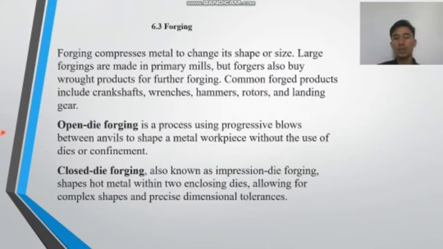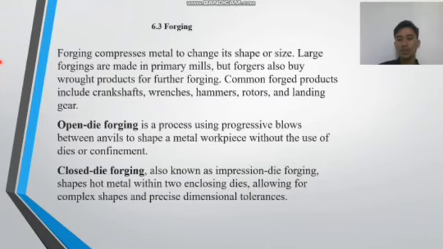Next, 6.3 Forging. Forging compresses metal to change its shape or size. Large forgings are made in primary mills, but forgers also buy work products for further forming. Common forged products include cranks, halves, wrenches, hammers, rotors, and landing gear.